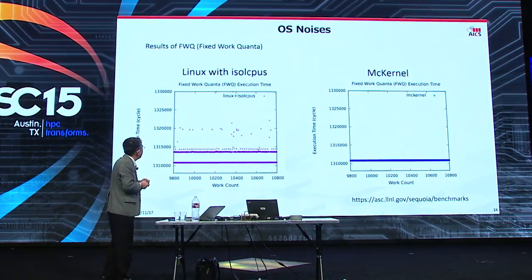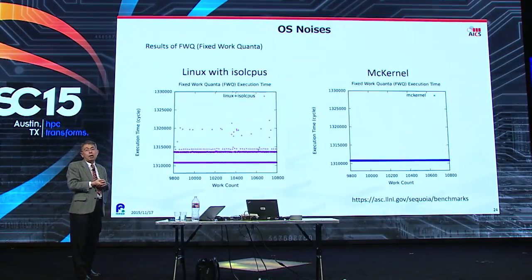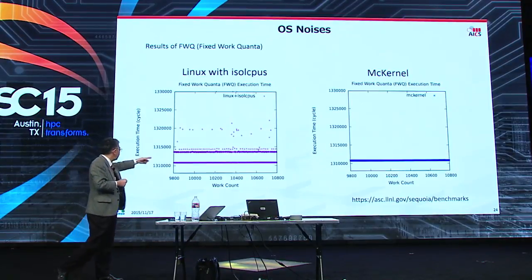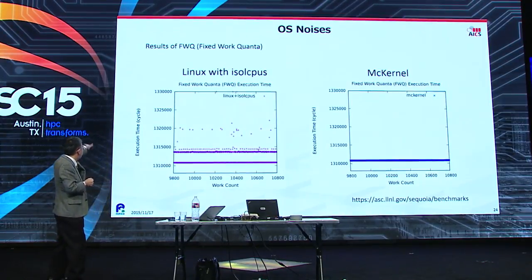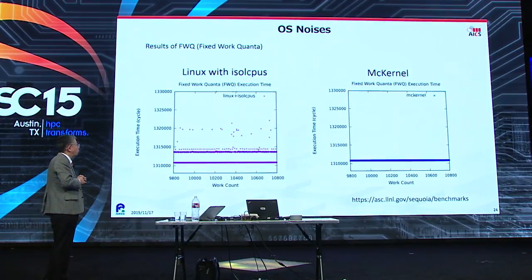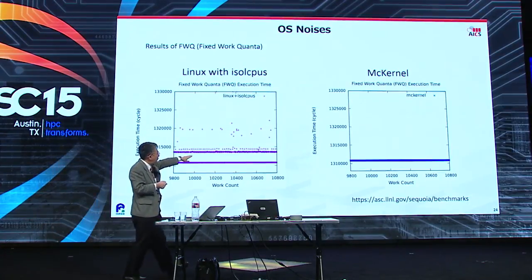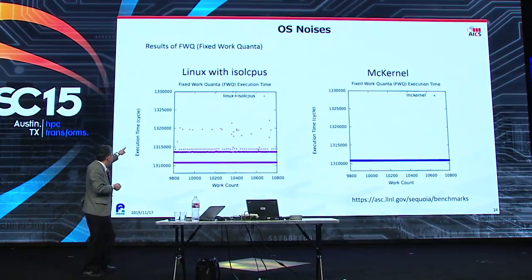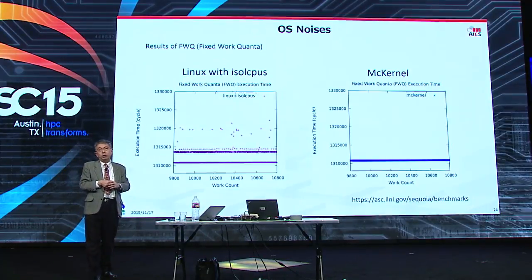This benchmark measures how much the execution jitters. The x-axis is the time scale, and the y-axis is how much execution time is required. In McKernel, it's flat, which means almost no OS noise happens. But on the left-hand side, you see several deviations, which means several OS noises are happening.